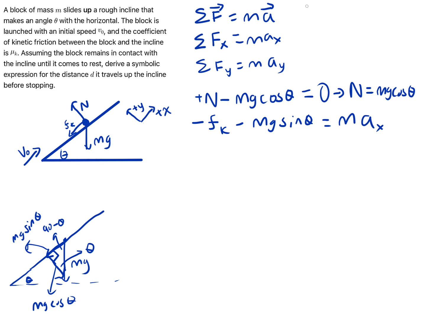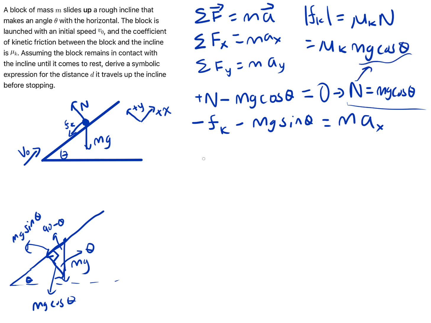One more thing: the magnitude of the force of kinetic friction specifically is given by mu k times n, where n we found earlier. So we can substitute that in, and we get that the magnitude of the force of kinetic friction is just mu k times mg cosine of theta.